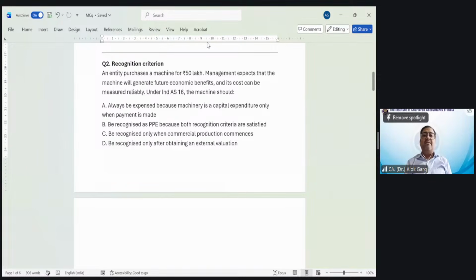What is the right answer? The right answer is that it has to be recognized as PPE because both the recognition criteria are satisfied: future economic benefit is probable and cost can be measured reliably.